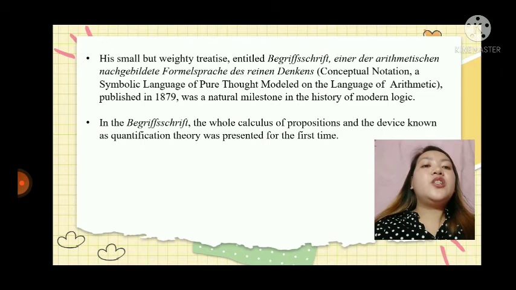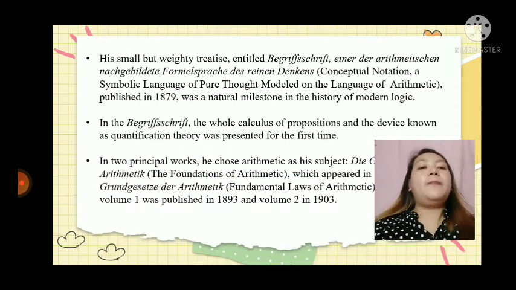In the Begriffsschrift, the whole calculus of propositions and the device known as quantification theory was presented for the first time.